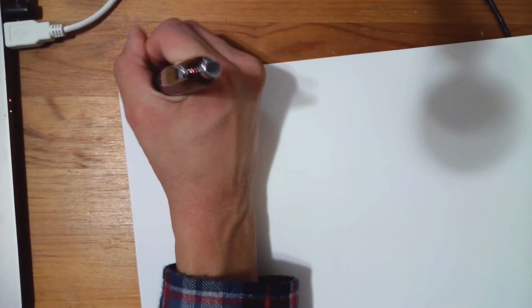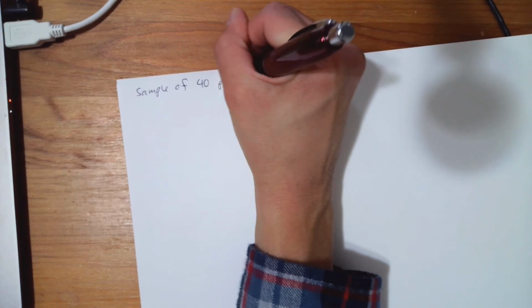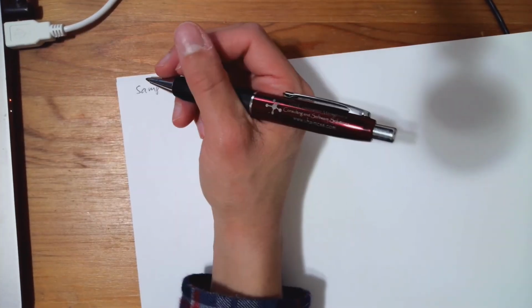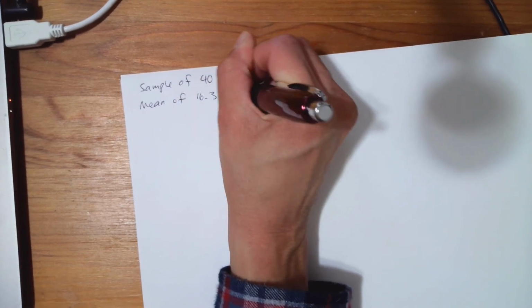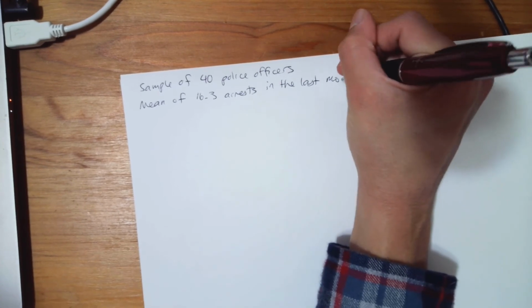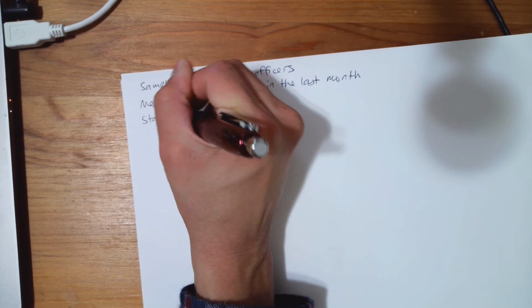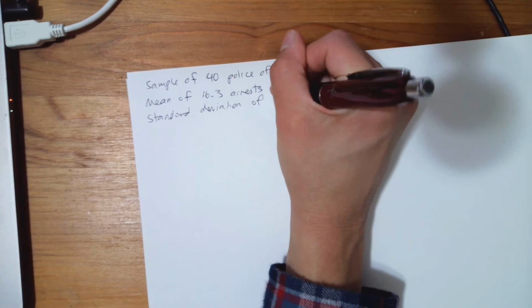So here's our second example. We have a sample of 40 police officers with an average of 16.3 arrests in the last month, and a standard deviation of 4.1 arrests in the sample.